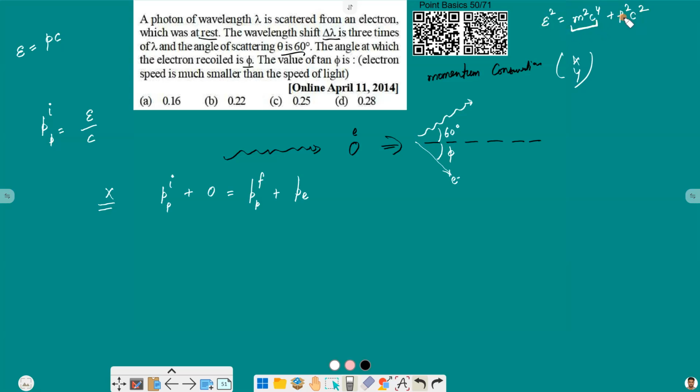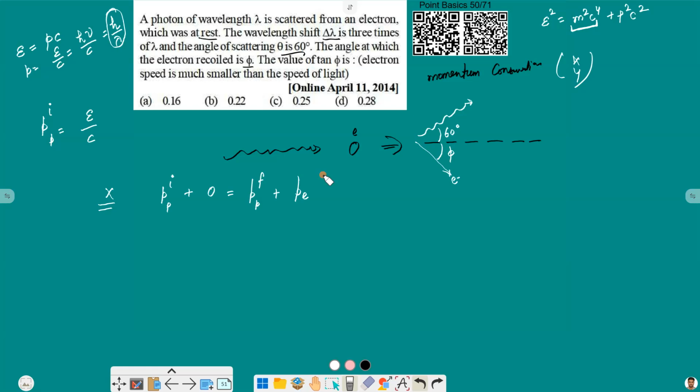So E is equal to PC, where P is the momentum of the photon, and from that the momentum will be equal to E by C. Now the energy of a photon is h nu, and nu by C is basically 1 by lambda. So for a photon the momentum will be h by lambda.